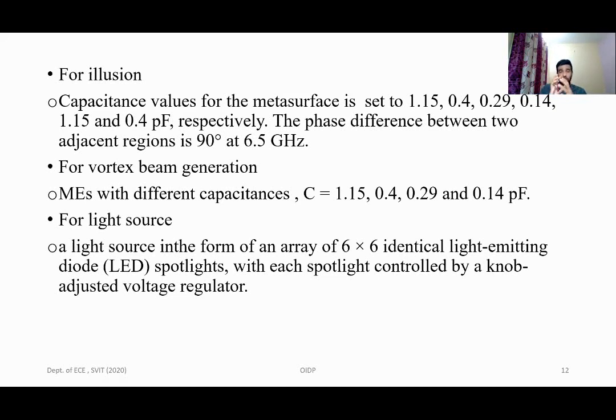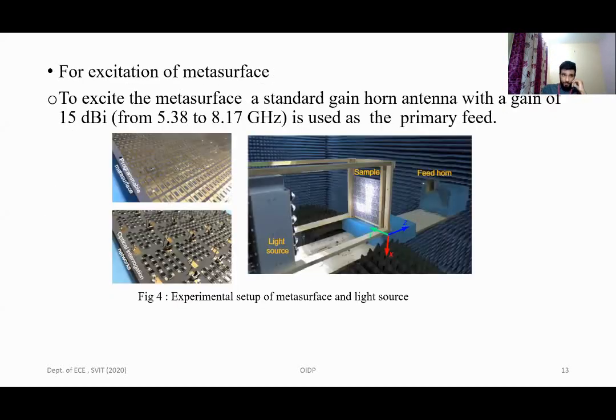As we need to program the metasurface elements, a light source is necessary. A light source in the form of an array, that is 6 cross 6 identical light emitting diode spotlights, with each spotlight controlled by a knob adjusted with the voltage regulator.